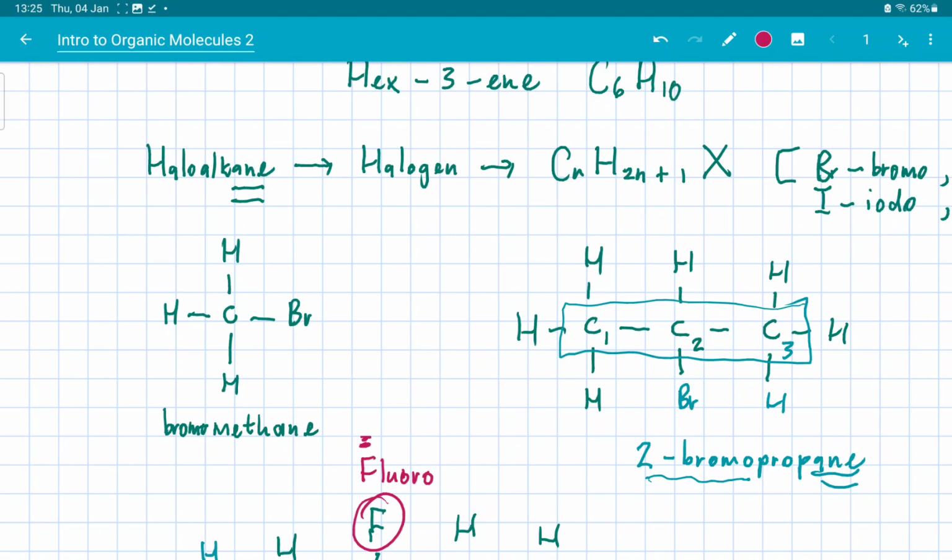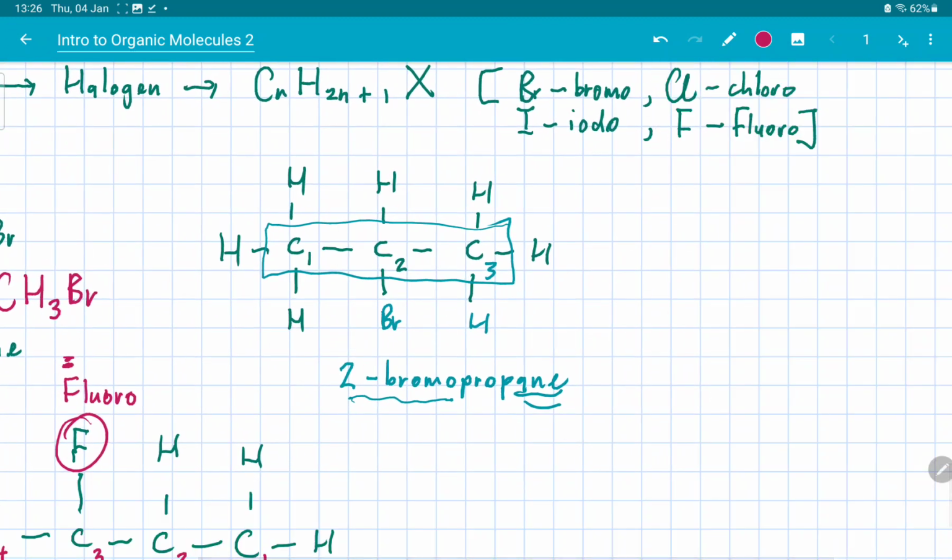So this one is going to be C. Let's apply the rule: carbon 1, C H 2 times 1 plus 1 is 3, CH3Br, because it has 1 carbon, 3 hydrogens and 1 Br.